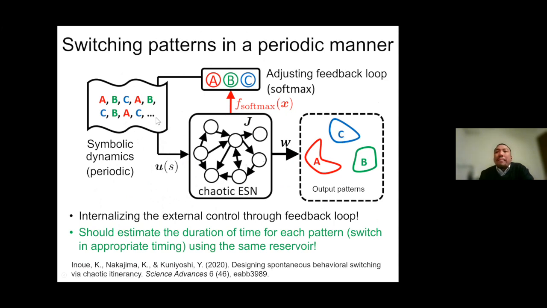But maybe we want to switch these oscillatory patterns by the system itself. For example, if we want to switch ABC autonomously, this switching can also be controlled autonomously by using this feedback loop.